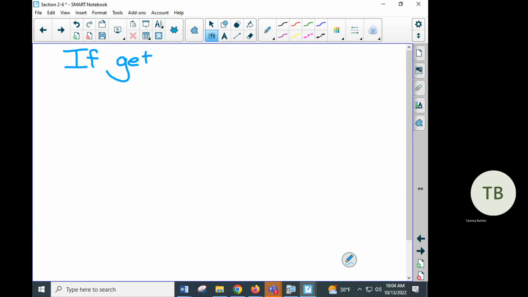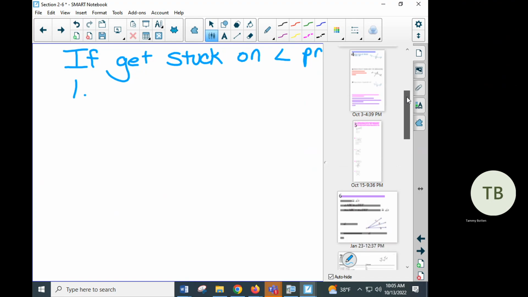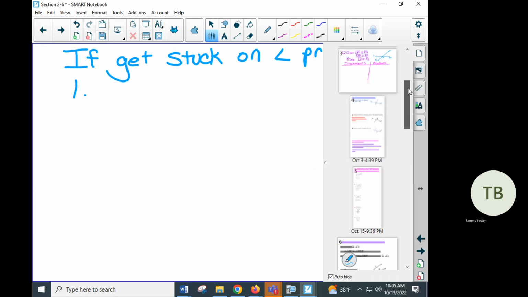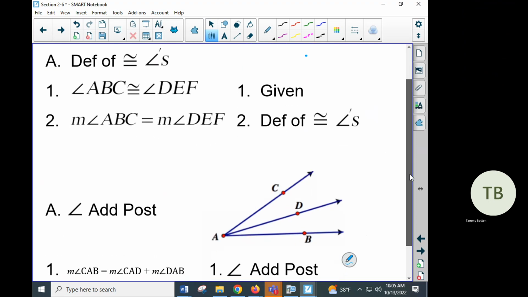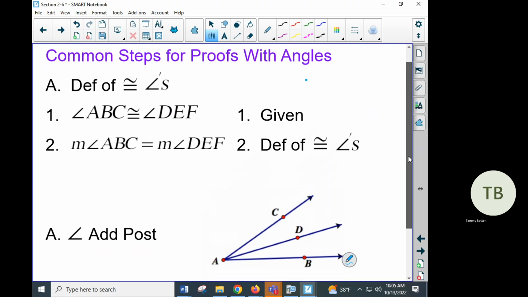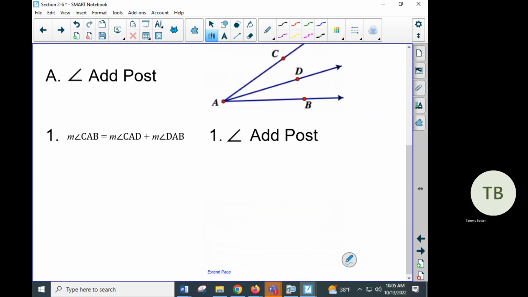Now, with these angle proofs, if you ever get stuck, maybe this is something I should write out. And you could add this if you have room on your cheat sheet. If you get stuck on an angle proof, and where I would add this, you guys, is right by this in your notes. Probably add it right below. I think I'll do that.